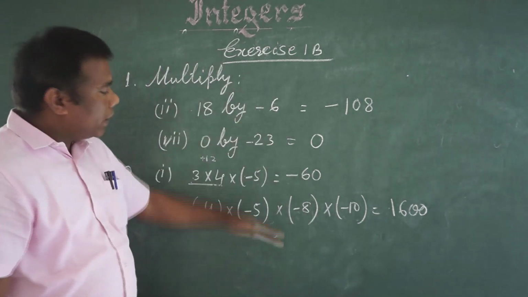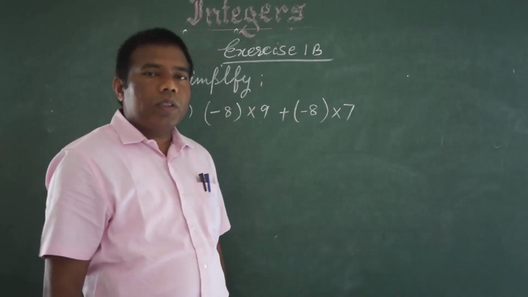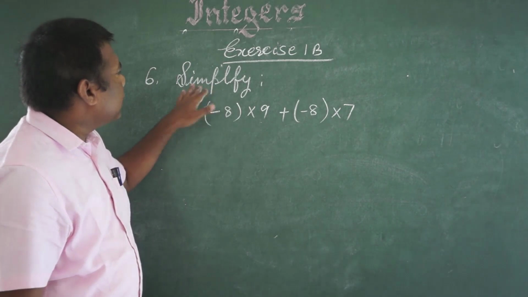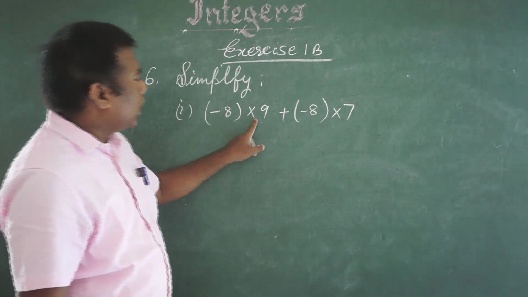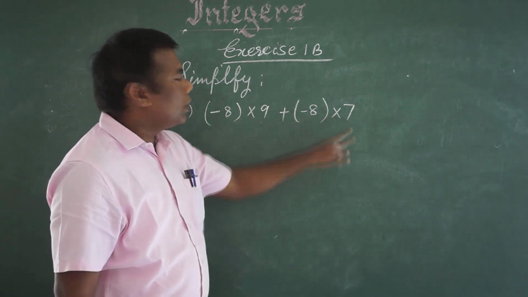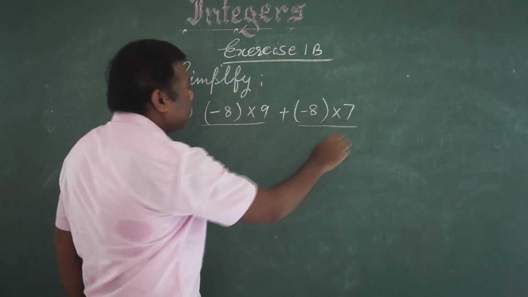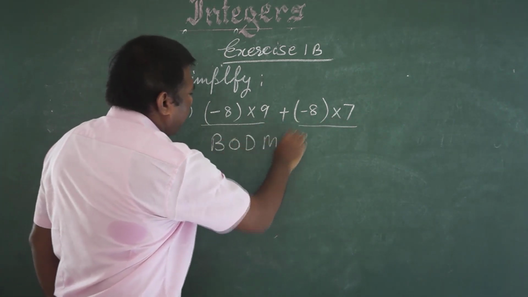Okay, likewise other questions are there, you try to solve them yourself. The questions are very simple. One question I have taken from simplification. Simplify minus 8 into 9 plus minus 8 into 7. In your previous classes you might have learned the BODMAS rule.